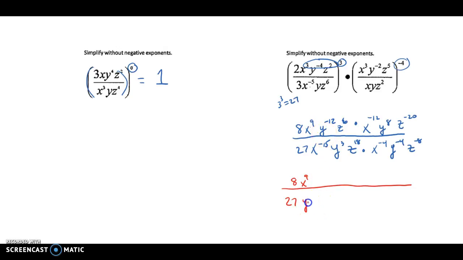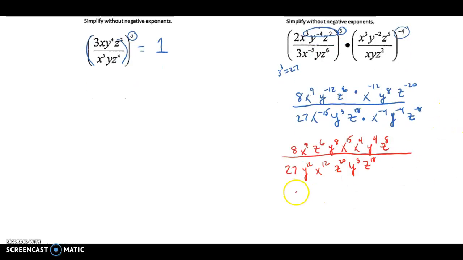Y to the negative 12, go. Z to the 6, stays. X to the negative 12, go. Y to the 8, stays. Z to the negative 20, go. X to the negative 15, go. Y to the third, stays. Z to the 18, stays. X to the negative 4 goes. Y to the negative 4 goes. Z to the negative 8 goes.